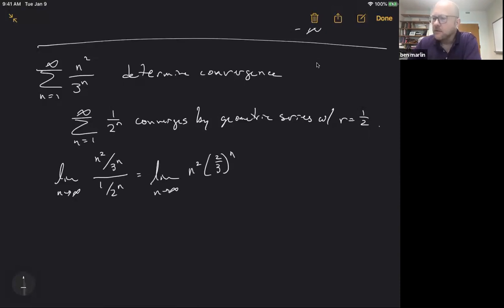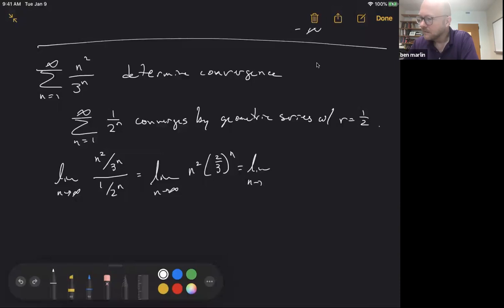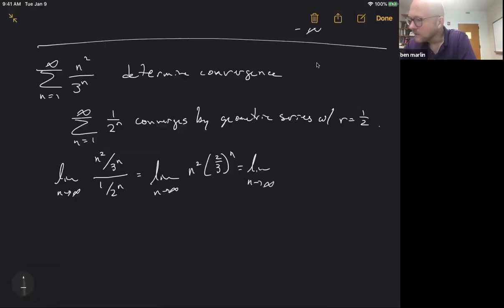If you spot immediately that, boom, that has to go to 0, that's great. If you don't, you might have to take the limit as n goes to infinity of n squared over (3/2) to the n.